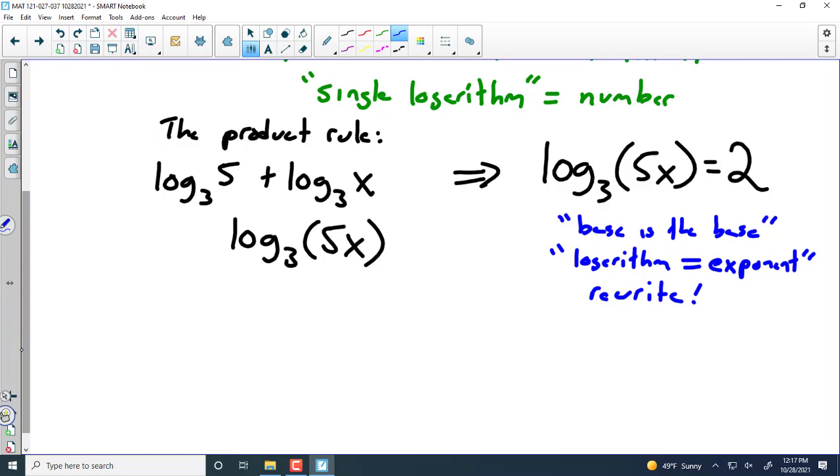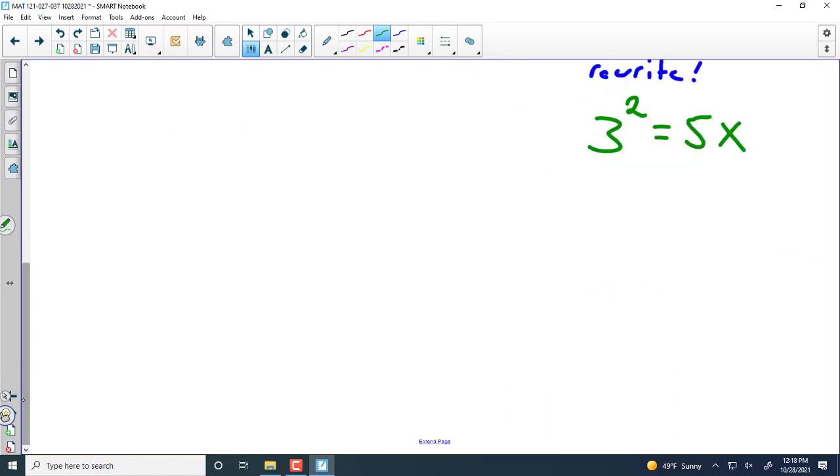What's the base, everyone? 3. What's the exponent? 2. Equals 5x. Awesome. Because what's 3 squared, everyone? 9. And to finish solving this for x, we simply divide by 5, and we are done.